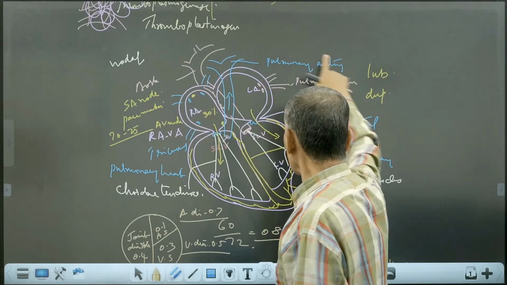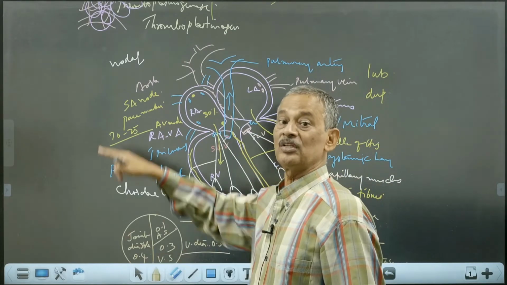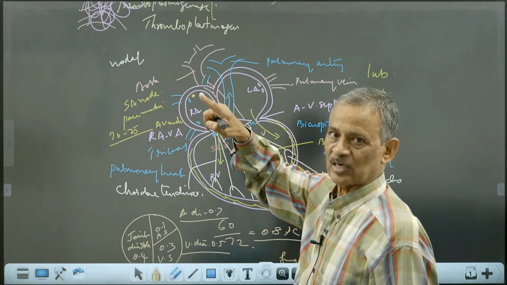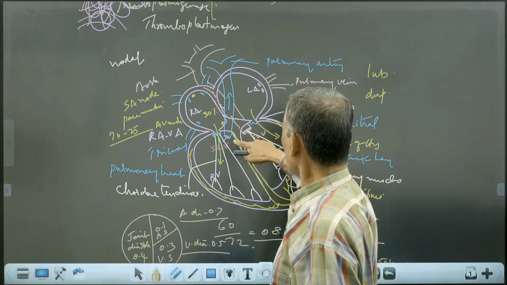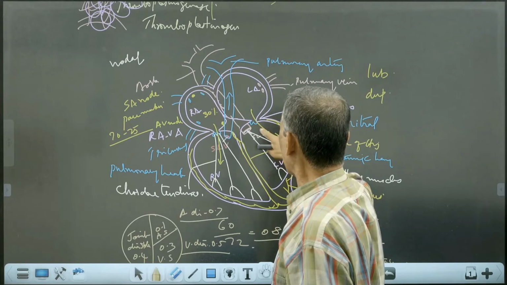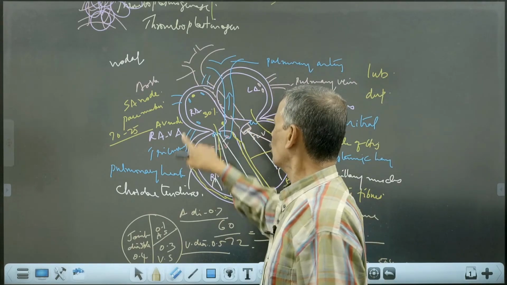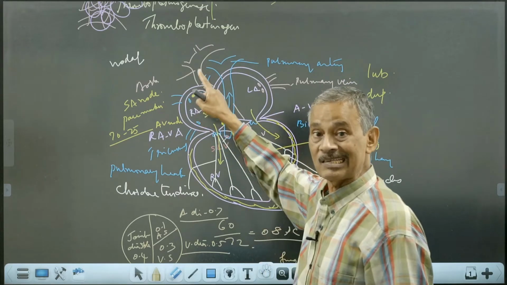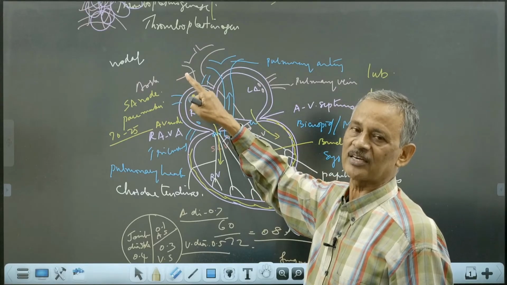So it passes through a long route through the systems of the body. So this circulation is called systemic circulation. Going out from the left ventricle as pure blood, returning to the right atrium as impure blood. This is called greater circulation because this route is a larger one.